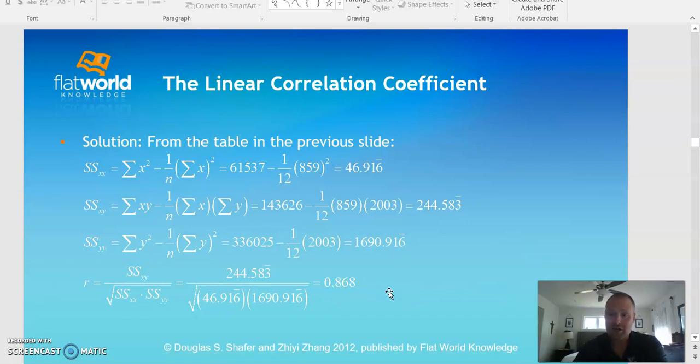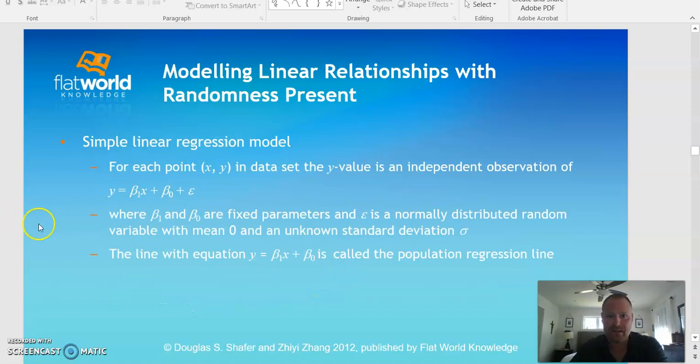Our line is going from the bottom left-hand side of your graph to the top right, walking uphill in the positive direction, positive slope. And it's a value that is pretty darn close to 1. So therefore, we could say that this is a pretty strong linear correlation. Okay? Just this other piece here, and then I'm going to move to my paper to talk about it a little bit more.